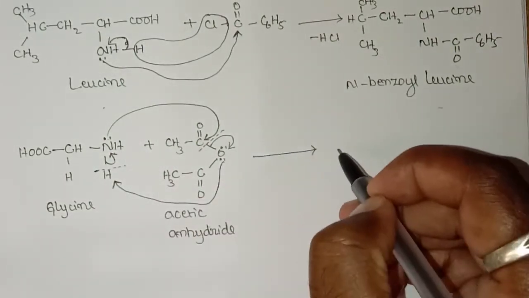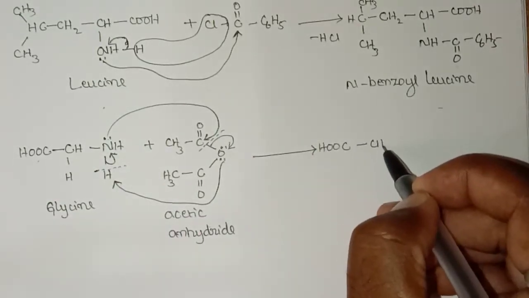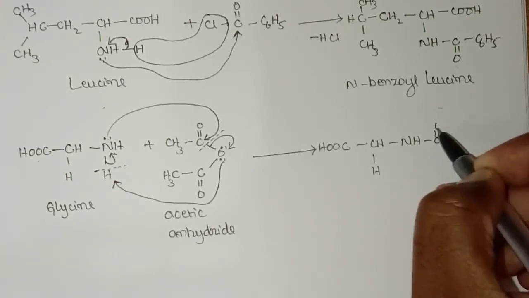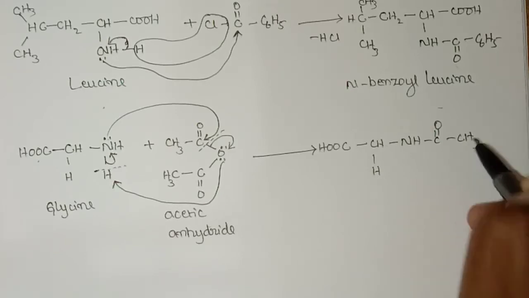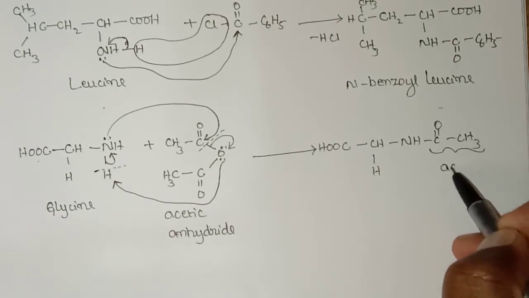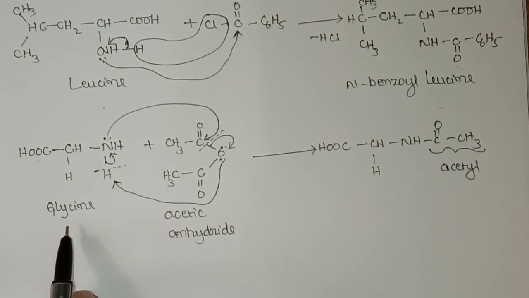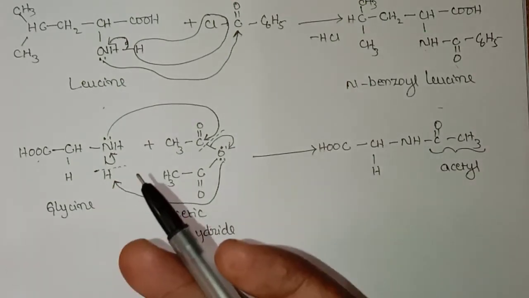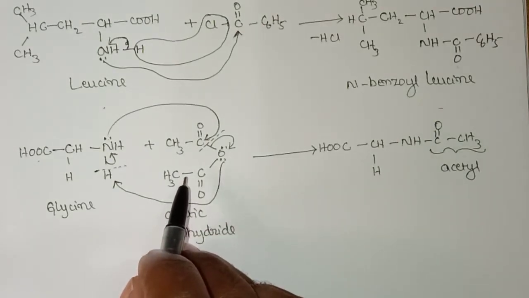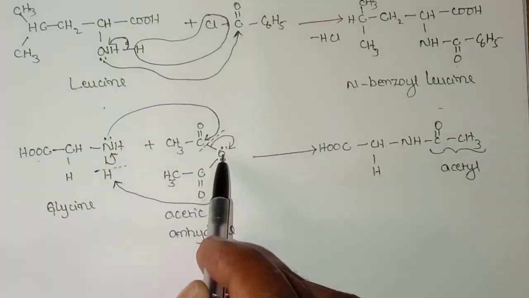And now we shall see the product which is going to be produced: COOH, CH2, NH, and C double bond O, CH3, right? So here the group that is attached is the acetyl group. So we can say here the glycine is acetylated, which is generalized as acylated. And the material which is going to be produced as a byproduct in this reaction is CH3COO.